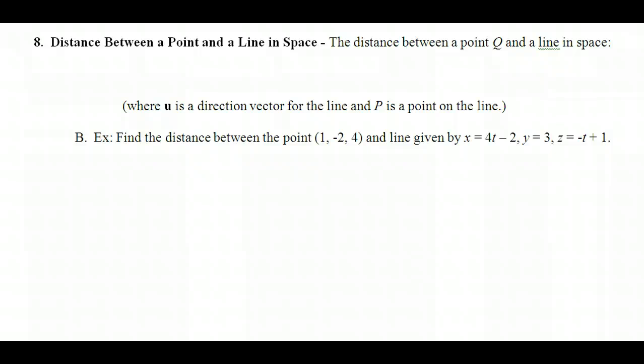So the distance between a point Q and a line in space is given by this formula, where the distance is the magnitude of vector PQ cross vector U, all divided by the magnitude of vector U. Alright, well to define what everything is, we know that we're finding the distance right now between a point and a line.